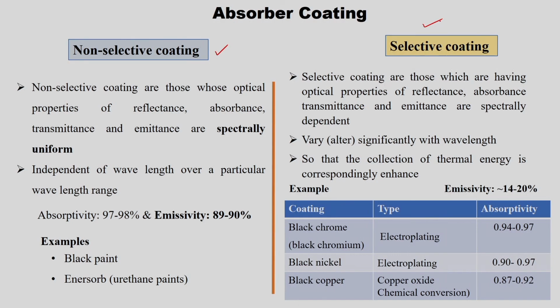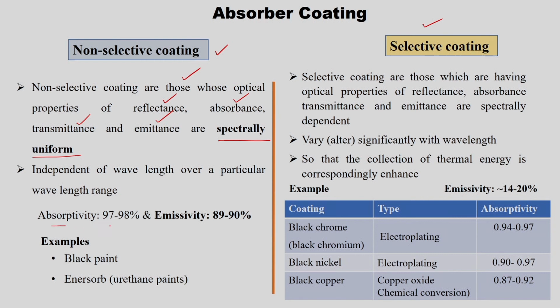selective coating. The difference between these two is, in non-selective coating, we do not differentiate the properties of reflectance, absorptance, transmittance and emittance based on any spectral variation. So, that means the properties of reflectance, absorbance, transmittance, emittance are spectrally uniform.